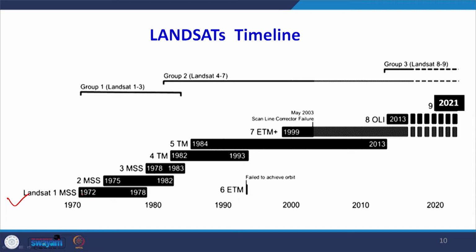When we have the overlap, we can use the data from one satellite, and after some time get the data from the second satellite, and the temporal resolution can be reduced. You can get very quick data from Landsat itself.